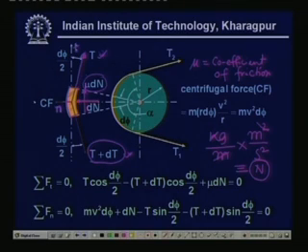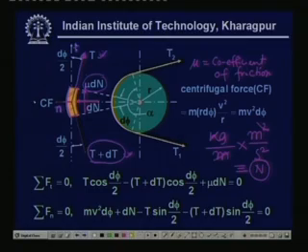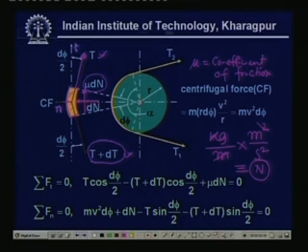Our duty is just to write the force balance and then find the ultimate relationship in terms of the belt geometry, the respective tensions, the centrifugal force, etc., acting on the belt.